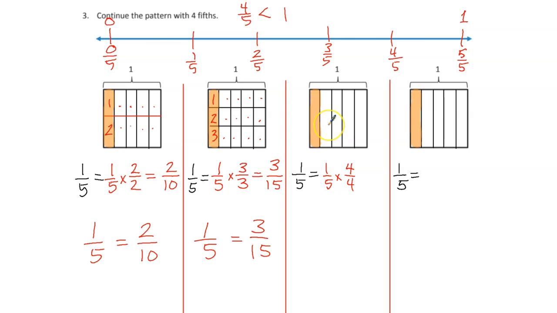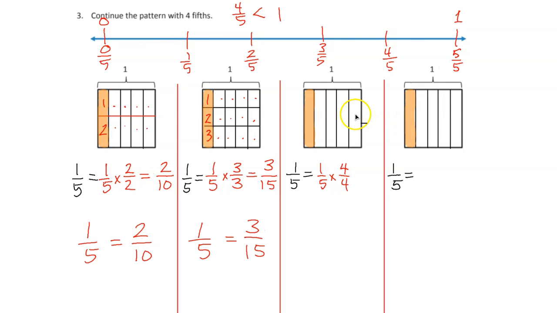So if I want to split this 1/5 into 4 horizontal parts, I need to draw 3 horizontal partitions. So 3 is going to be 1 in the middle, and then 1 in the middle of each half. There's 2 partitions, 3 partitions.